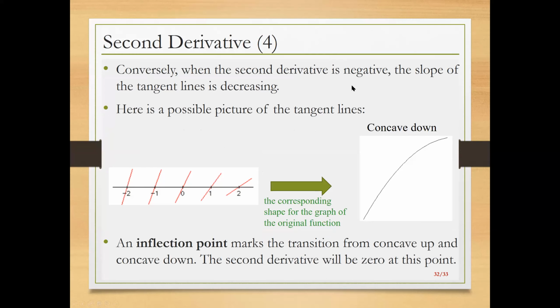So if the second derivative is negative, the slope of the tangents would be decreasing, as you see over here. You see it's decreasing. So if at these points, -2, -1, 0, 1, 2, you take the tangents and interpolate, you would get such a thing. You would see that the line is going up, and then slowly it is concaving down.